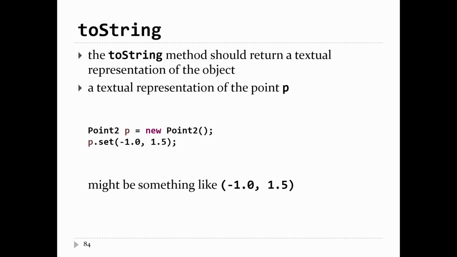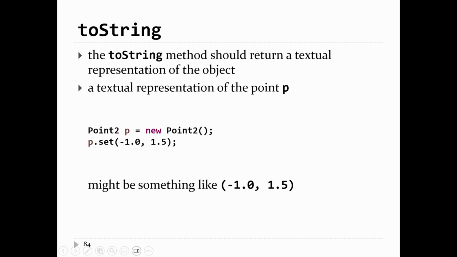When you're creating a class, especially a value class like Point2, it's often useful to be able to print out your objects in a way that's readable to a human, if only for debugging purposes. It's often useful for other purposes, but even to just debug your program, it's often useful to print stuff out. So if you want to print out a point, you should redefine how toString works.